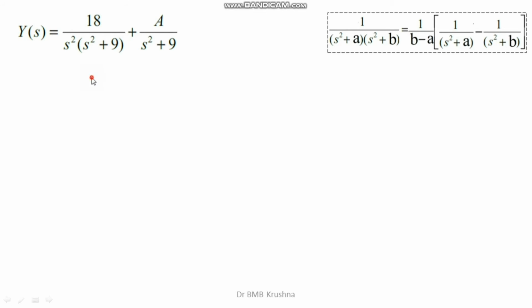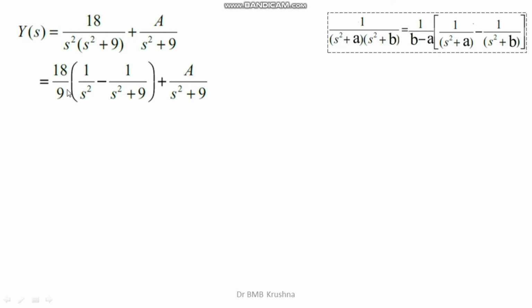So according to it, 18 is constant, b minus a is 9 minus 0, which is 9, so 18 by 9 times 1 over s square, since a is 0, minus 1 over s square plus b, b is 9, that is 1 by s square plus 9. So we have resolved into partial fractions, plus a by s square plus 9.